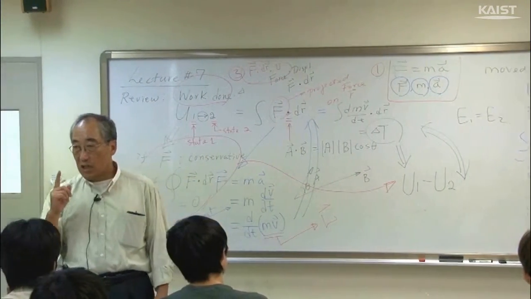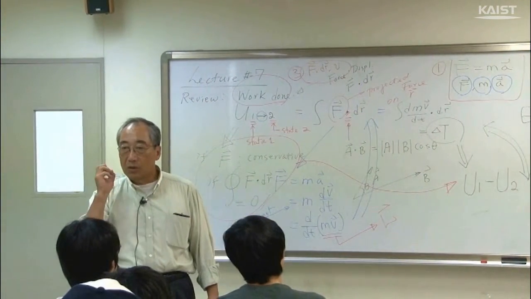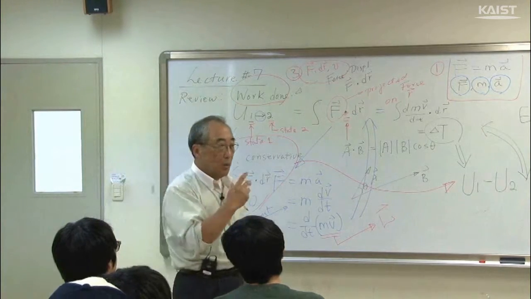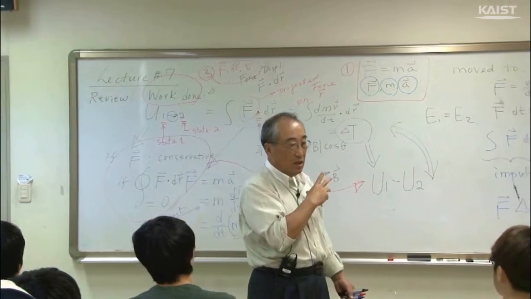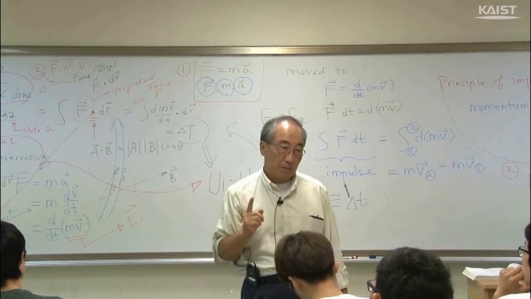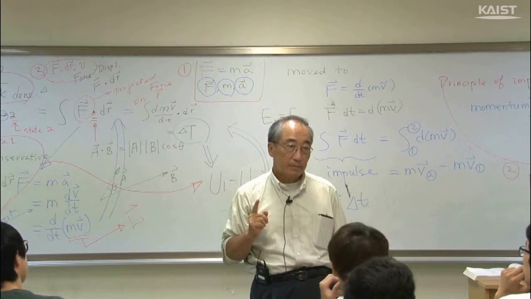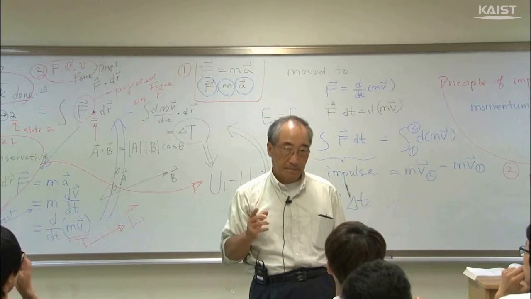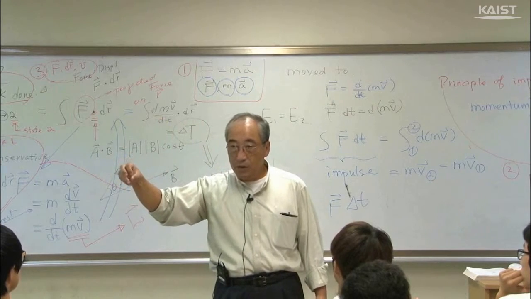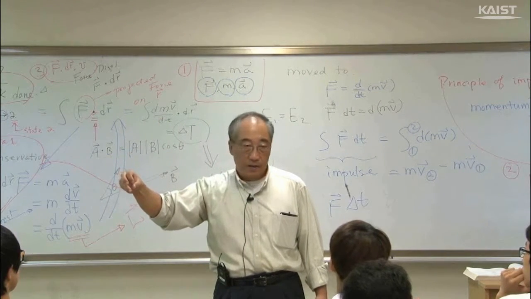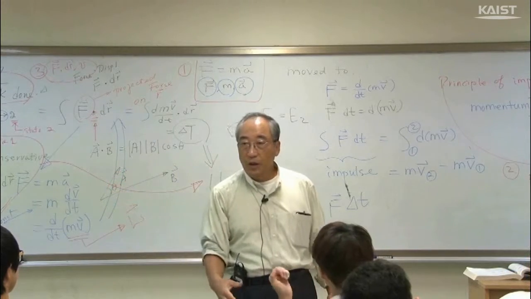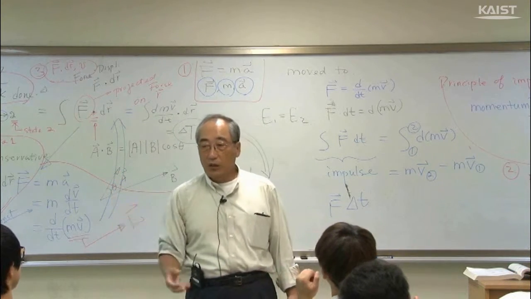So the classroom homework asks you to apply those 3 rules or tools to a pendulum problem. There's a pendulum you release from a certain height, and you want to find out something. Maybe you want to find out tension.